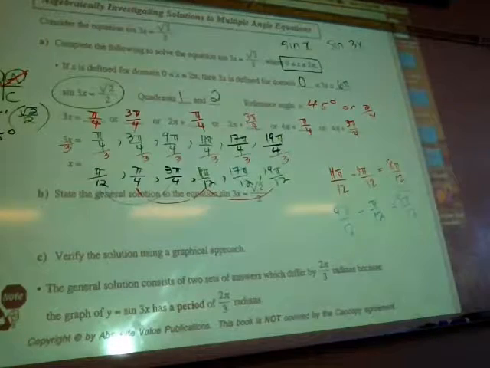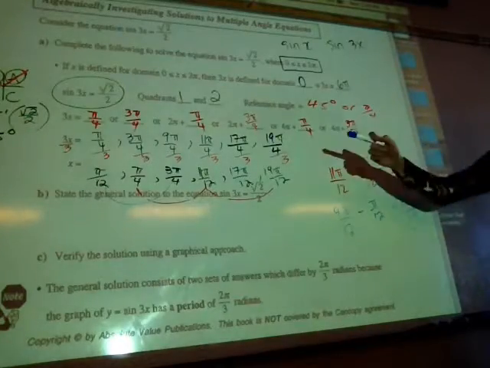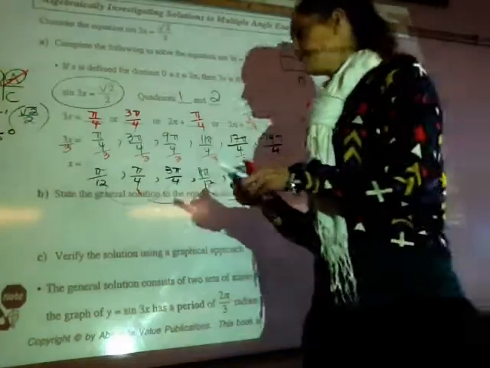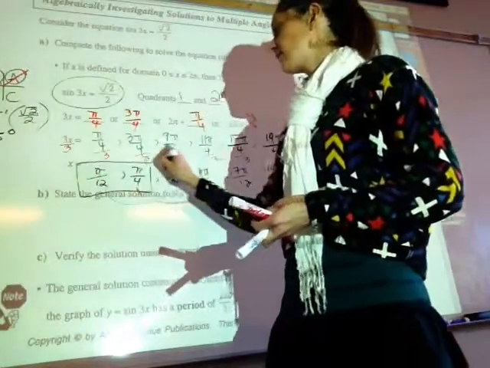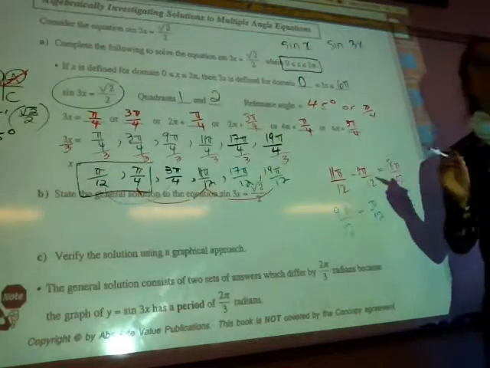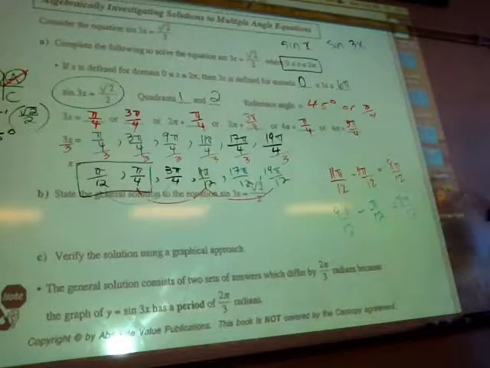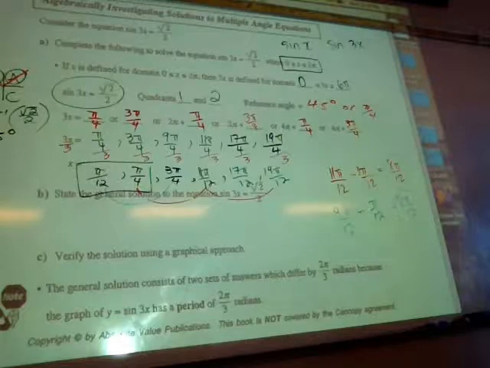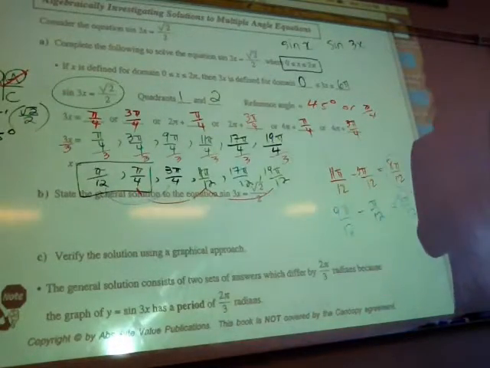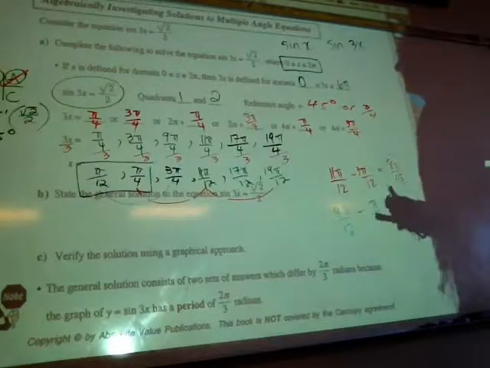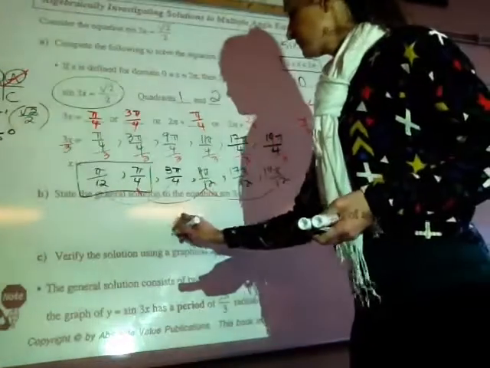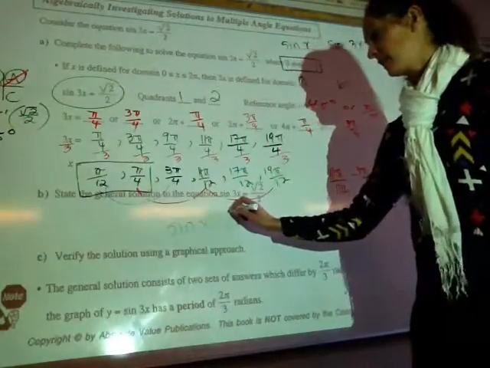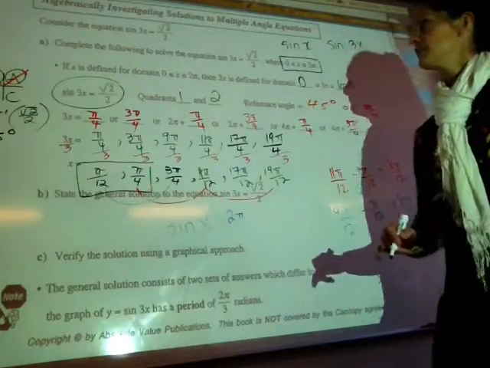So for our general solution, we should have our first two values, pi over 12 and pi over 4, and we're just adding the new period, which happens to be 8 pi over 12. So I'm going to simplify it a little bit, because you're probably a little lost with these pi's, aren't you? Okay, so sine x normally has a period of 2 pi, right?